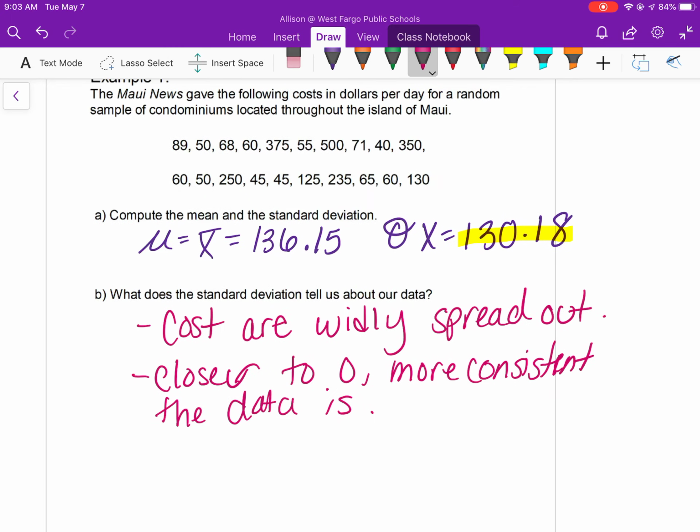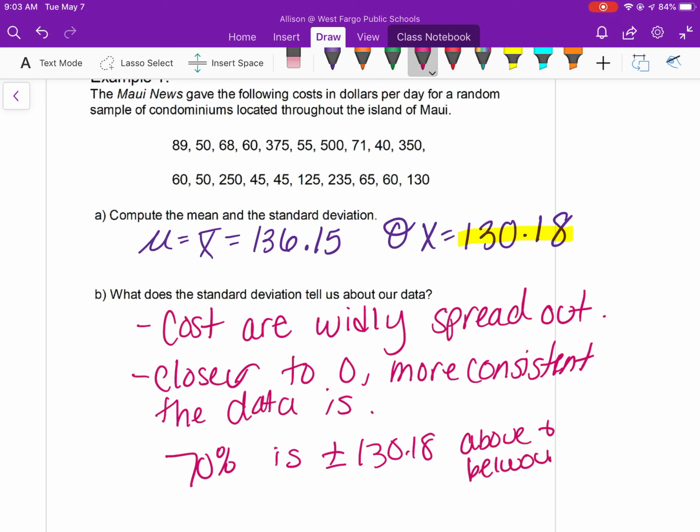In fact, I could say that 70% of the data is plus or minus 130.18 around, or above and below, the average price of 136.15.